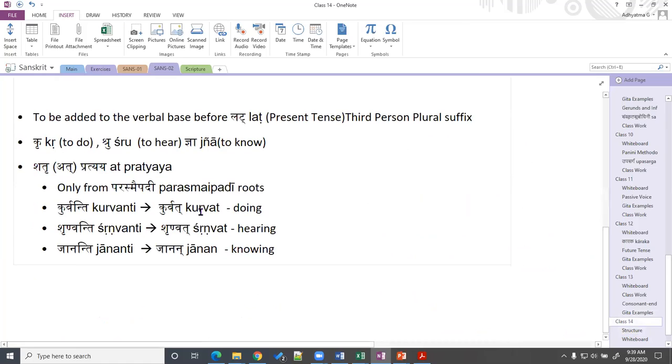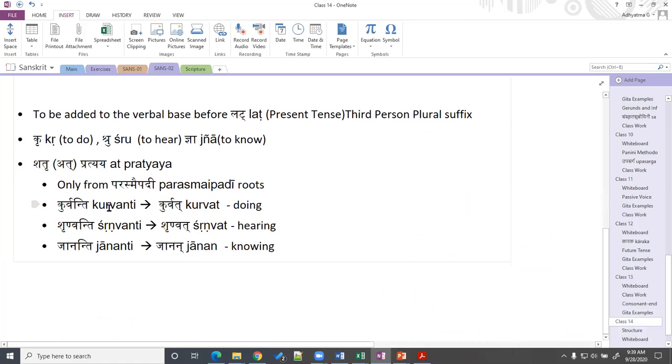I'll give you the example of kurvanti. So kurvanti would become kurvat, doing. But if I take the singular karoti, then I cannot make it kurvat. The singular, if you remember, is from the root kri, and the third person singular form is karoti.